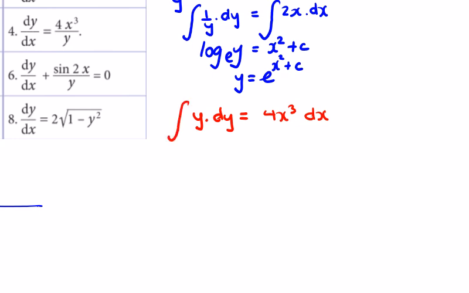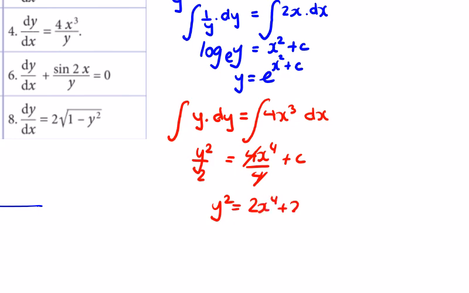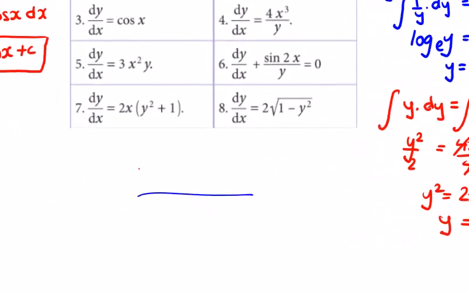So if we bring in our integral, integrating y, we get y to the power 2 over 2 equals 4x to the power 4 over 4 plus c. So if we multiply, we're going to get y squared is equal to 2x to the power 4 plus 2c. So y will be equal to, technically, plus or minus the square root of 2x to the power 4 plus 2c. That's question 4. On to number 5.